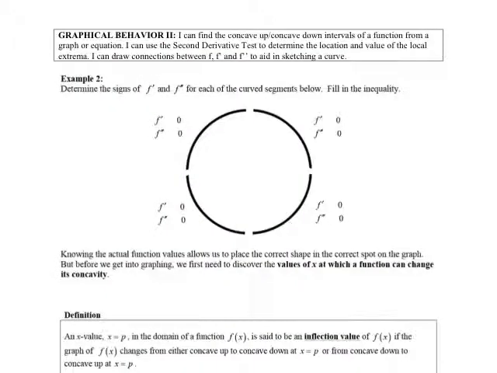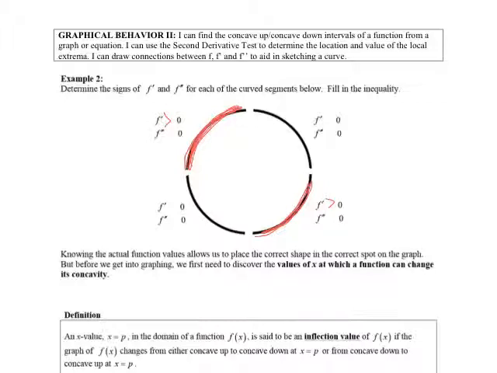If a curve exists, there are 4 kinds of behaviors it can exhibit that include concavity. In this first one, the curve is increasing, and we know with increasing curves we get a first derivative greater than 0. We also have an increasing curve right here, so this first derivative is greater than 0.